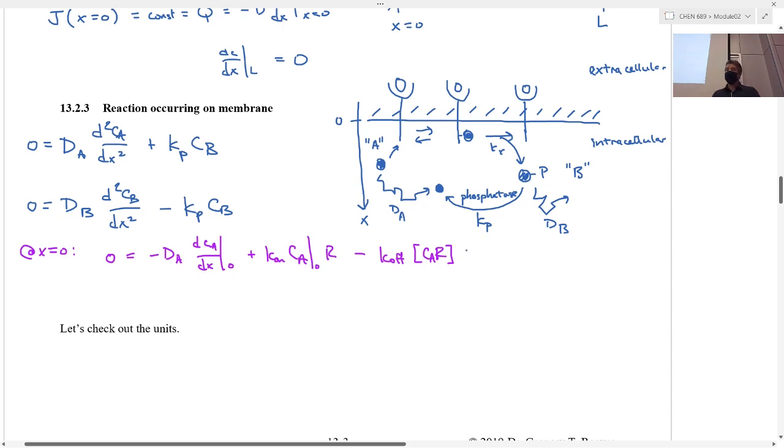So this is your equation governing your reaction at the boundary for the molecule A. For the molecule B, you also have a flux term. And B is formed by the forward reaction, the phosphorylation event, for which the rate constant is Kr. Kr times the concentration of the C_AR complex.